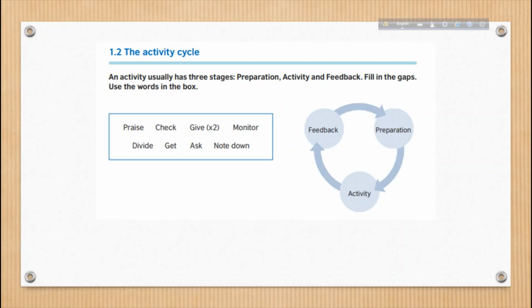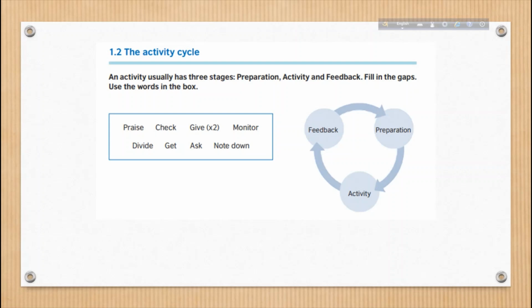At first we can say feedback. Feedback, praise or give feedback. In the preparation stage we can use ask, get, give, check, and divide. And in the activity stage we can use note down, monitor and check.